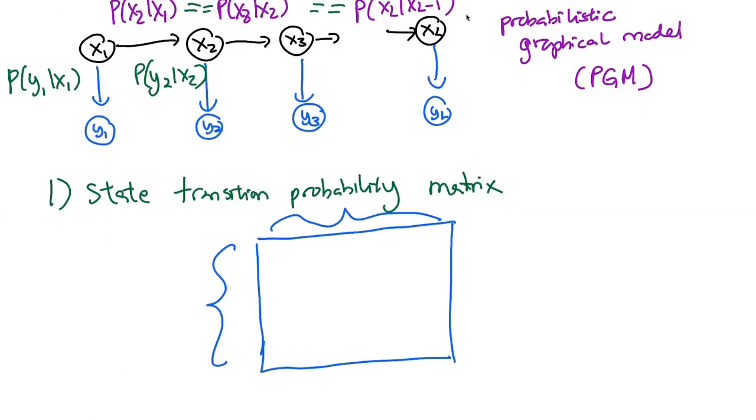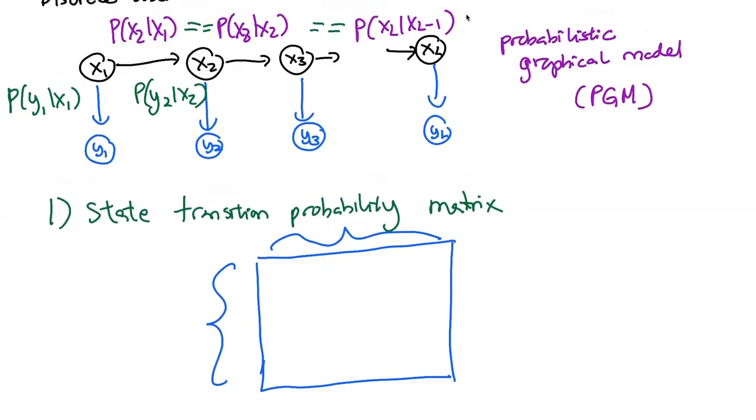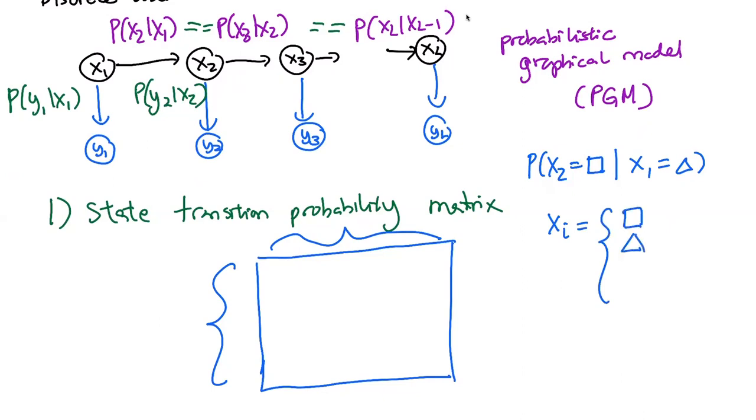So again, when I write this, what I'm actually saying is the probability that x2 equals some value given that x1 equals some other value, right? So that means that this random variable xi could take on multiple values. It could take on square, rectangle, circle, and so forth. Diamond. So this is the dimensionality of my state, right? Because this is random, this thing can be any of these four values.